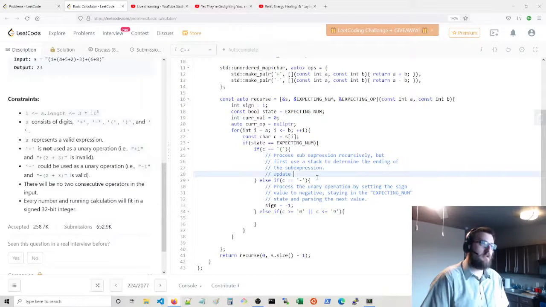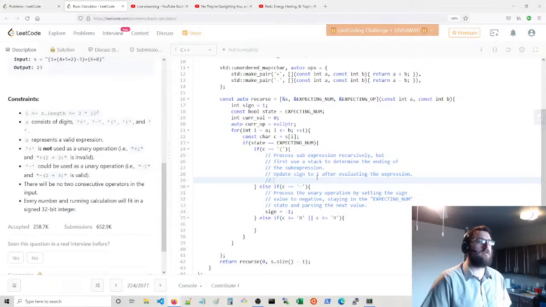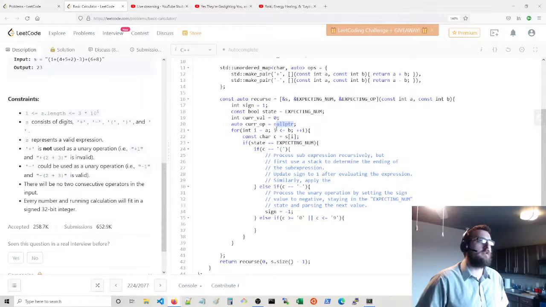So yeah, update sign, assign to 1 after evaluating the expression recursively. Similarly, apply the, so actually we could just start the current op to just be addition.